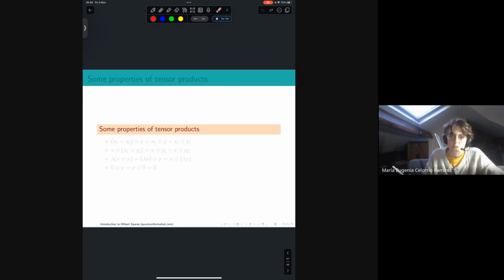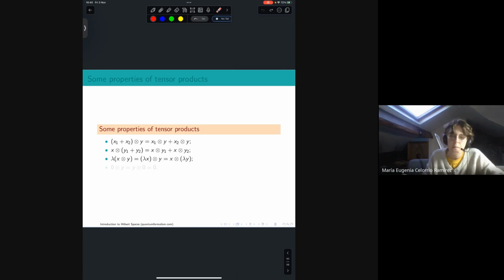What can we do with tensor products? Well, actually, they are nice because they are linear in both variables again. So when we have x1 plus x2 tensor y, we can separate it. They are linear in the second variable. So when we have x tensor y1 plus y2, we can write it as x tensor y1 plus x tensor y2.